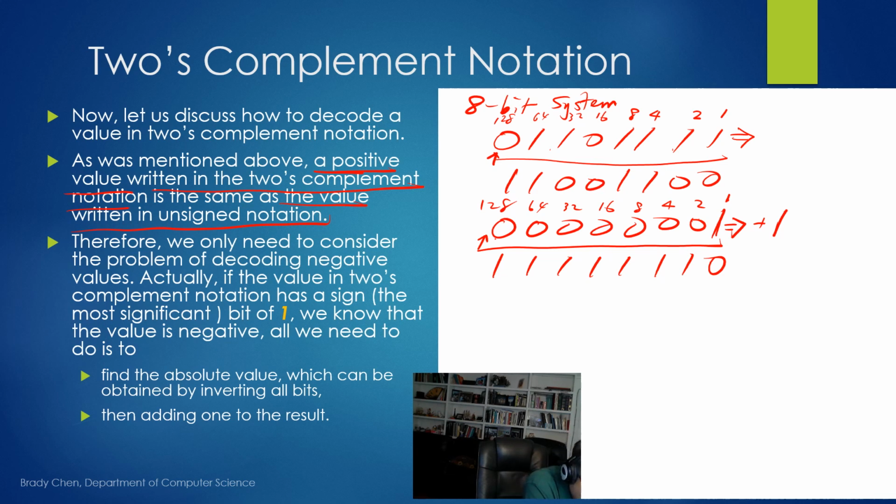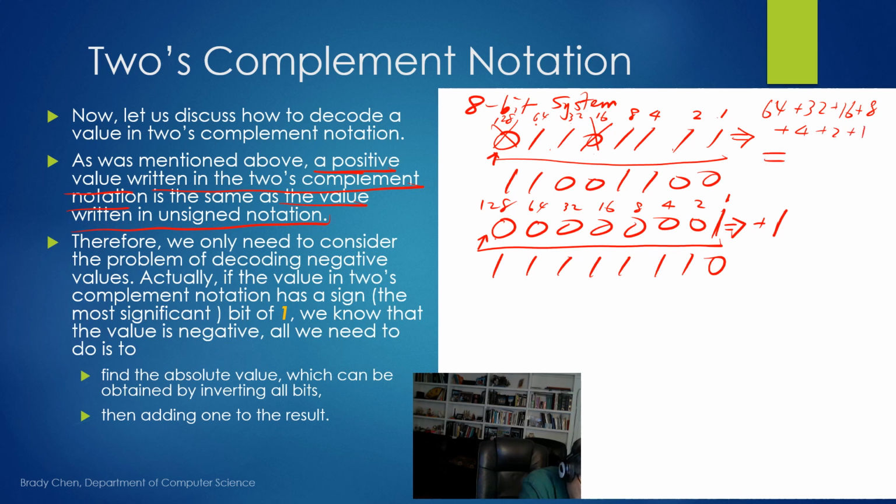So 128, 16, because the value is 0 in these positions. So all we need to do is add the values where there is a 1. It's 64 plus 32 plus 16 plus 8 plus 4 plus 2 plus 1.